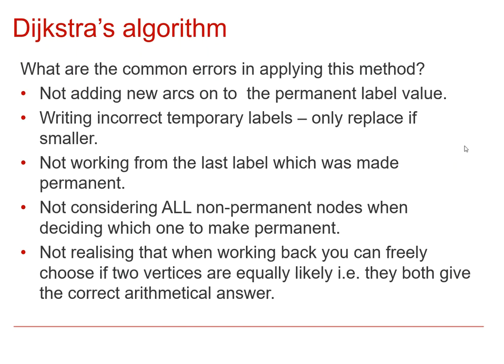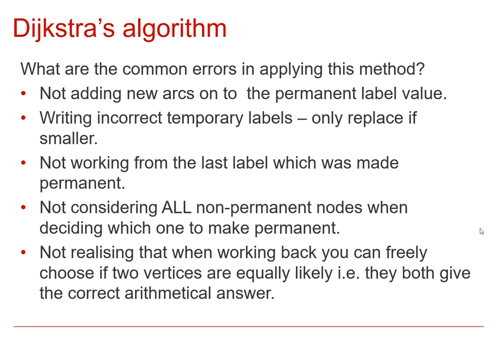Now, a few things that you really must pay attention to, so as to avoid making these sort of mistakes yourself. You must obviously remember all the steps, so make sure you add the new arcs onto the permanent label. Something we mentioned as we were doing it earlier: only replace the labels if they're smaller. Make sure you're just working from the last label that was made permanent, don't go any further than that.